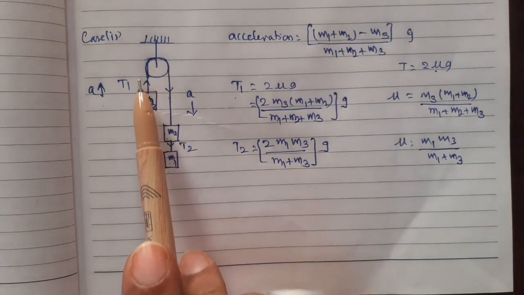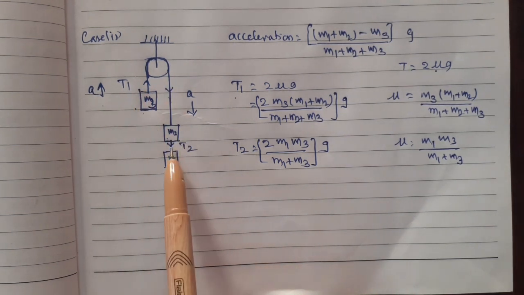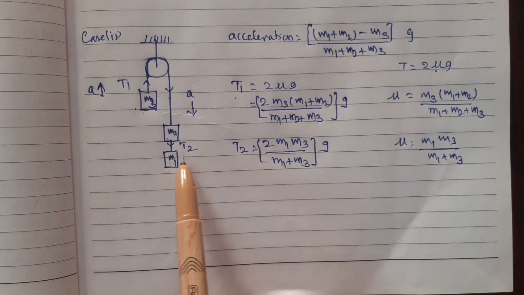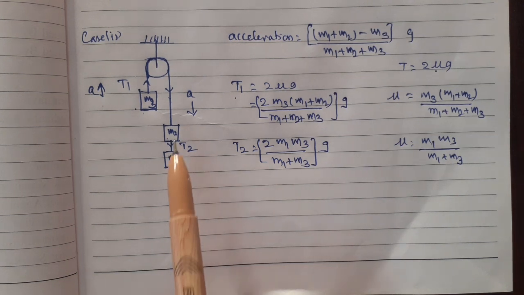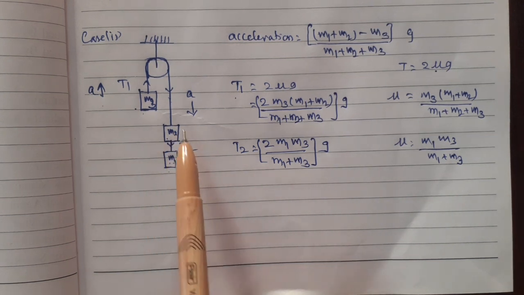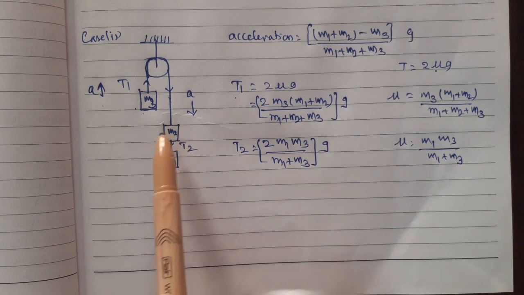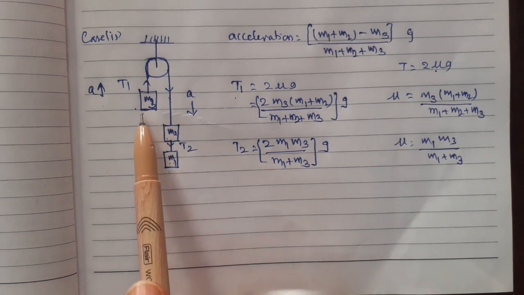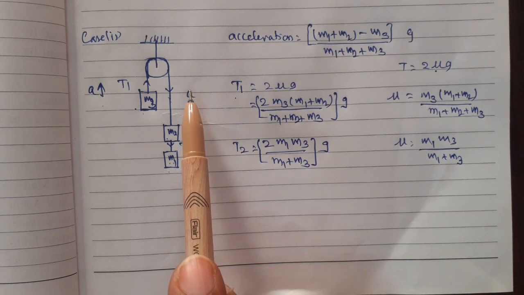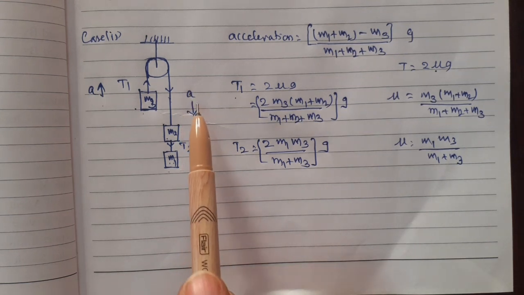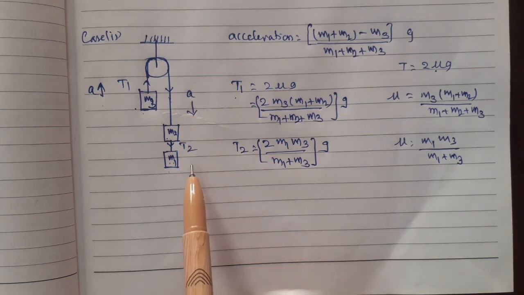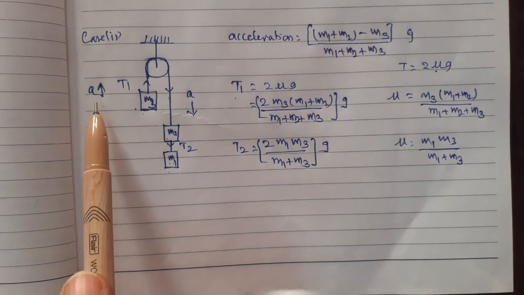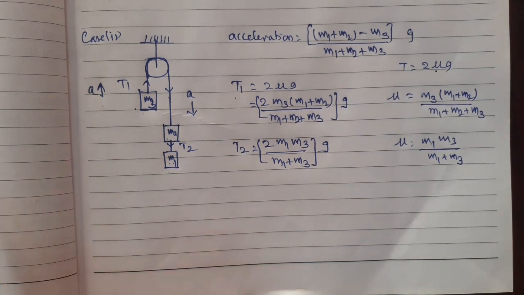In this string suppose the tension is T1, and in this part of the string the tension is T2. If the total mass m1 plus m2 is greater than m3, then the combined mass moves downward and the other body moves upward.